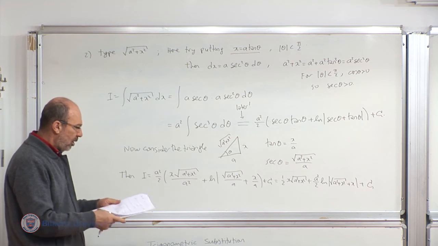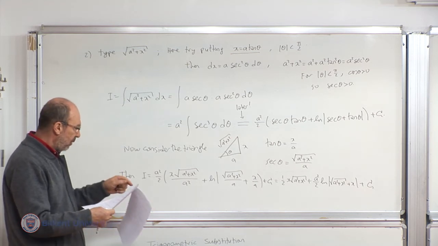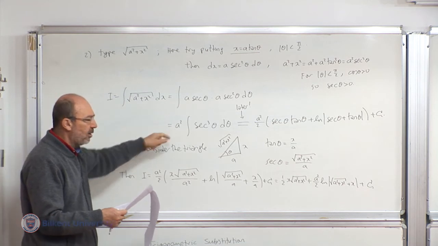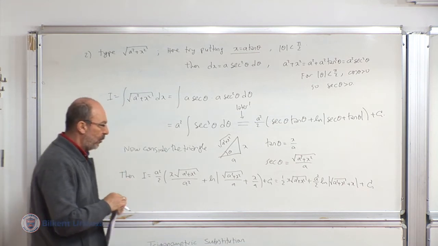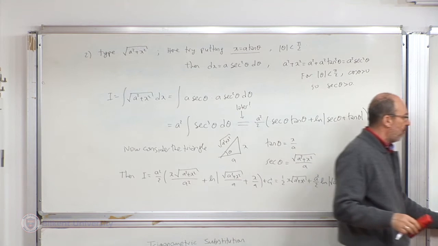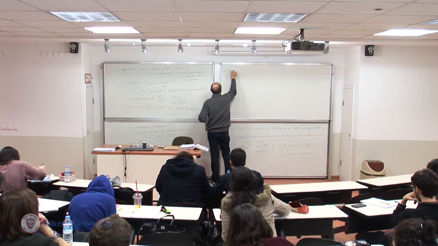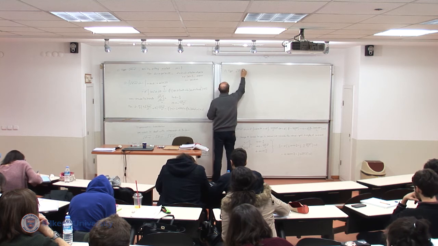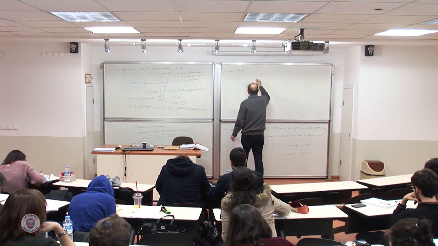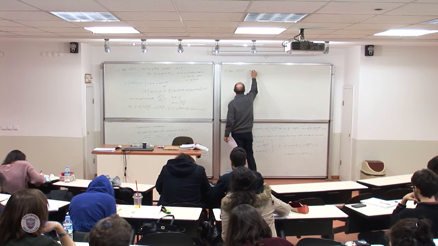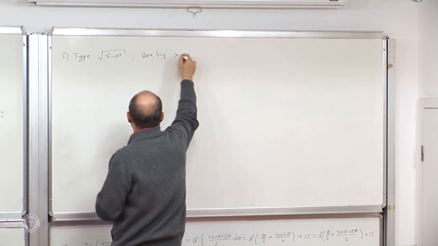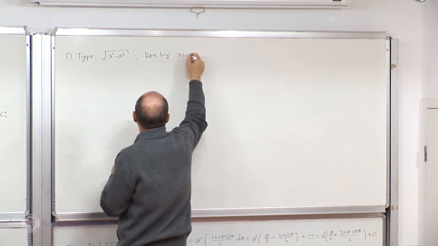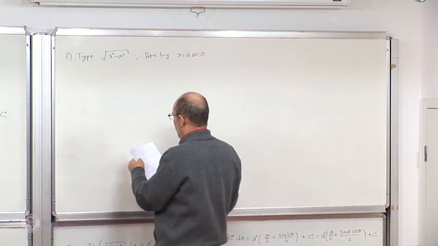Okay, so let us look at the other type, and then I'll look at the second integral: the square root of x square minus a square. Here try x equals a times secant theta.